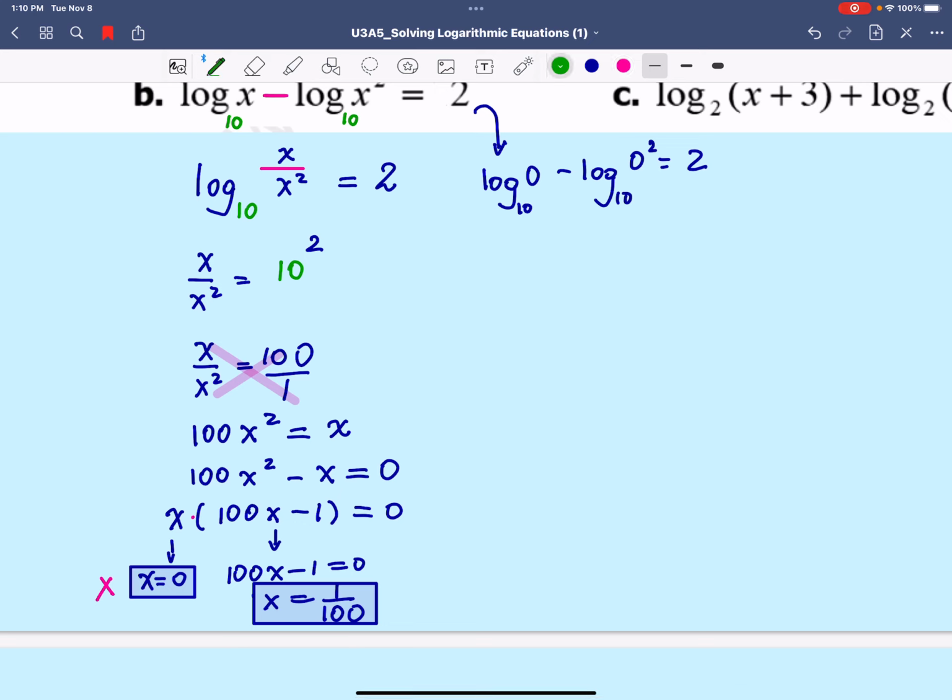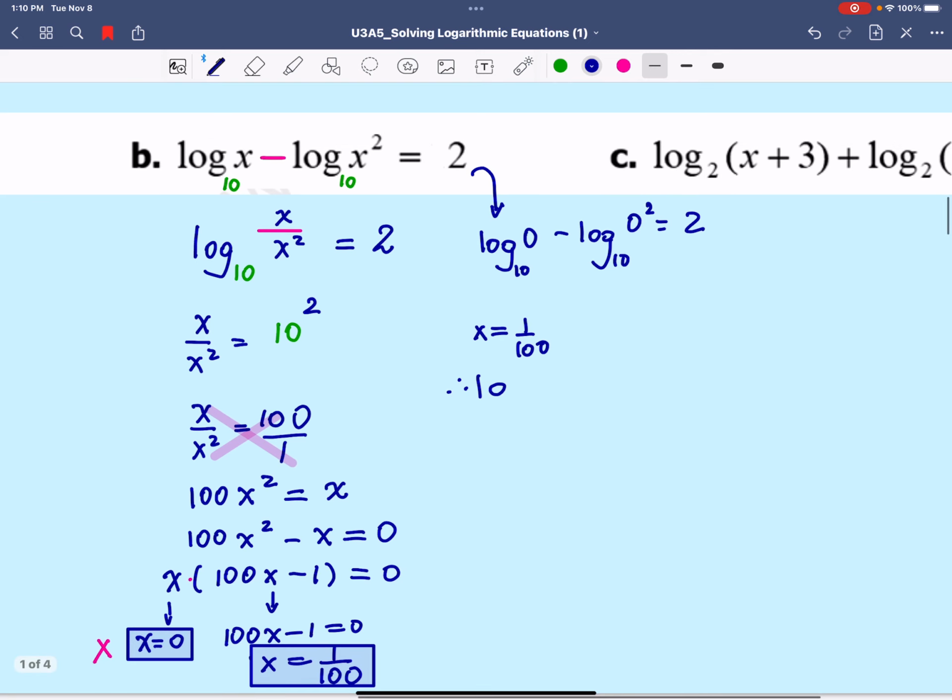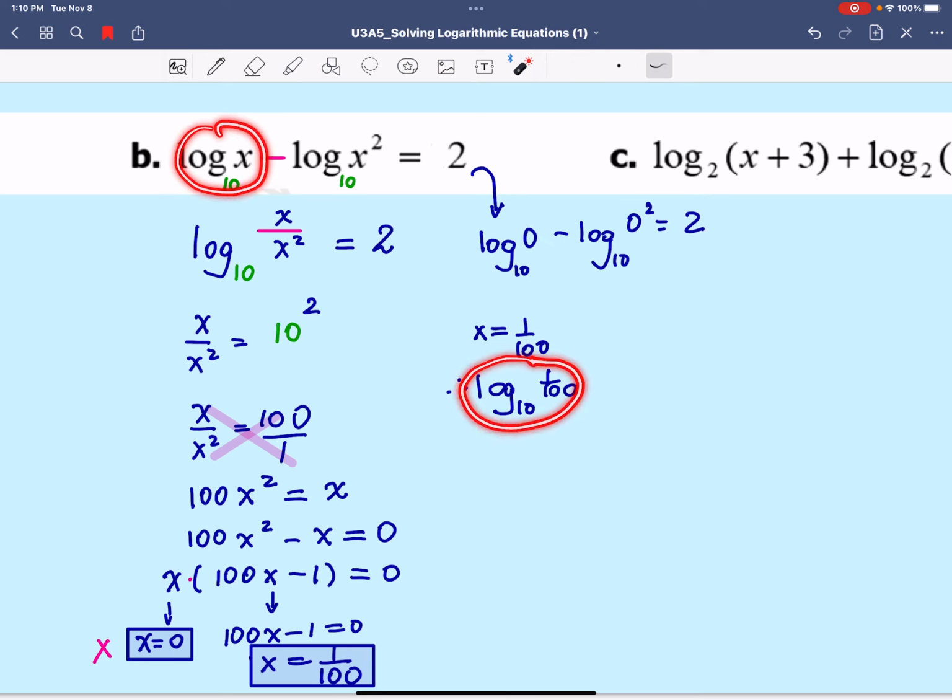When x equals 1 over 100, then the equation would be log with base 10 of 1 over 100. So that would be your first term, and this term exists. You can calculate it using a calculator. And log with base 10 of x squared would be log with base 10 of 1 over 100 squared, sorry.